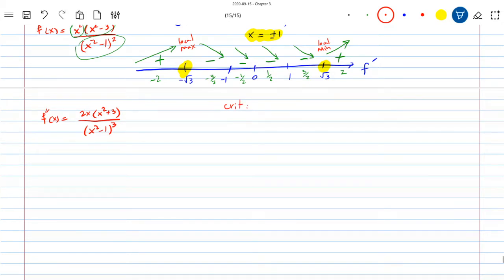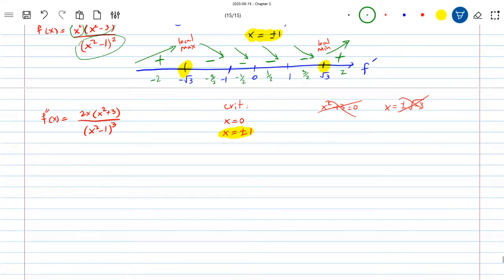The critical number is x equal to 0, and x squared plus 3 equal to 0 gives x equal to plus or minus the square root of negative 3, which is not acceptable, so there is no solution. So there is only one critical number, and the other two points that make the denominator 0 are plus or minus 1. Again, not acceptable, but we write them.